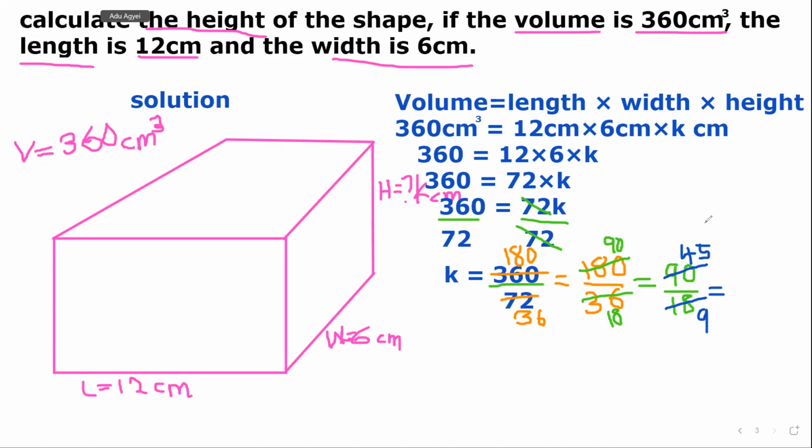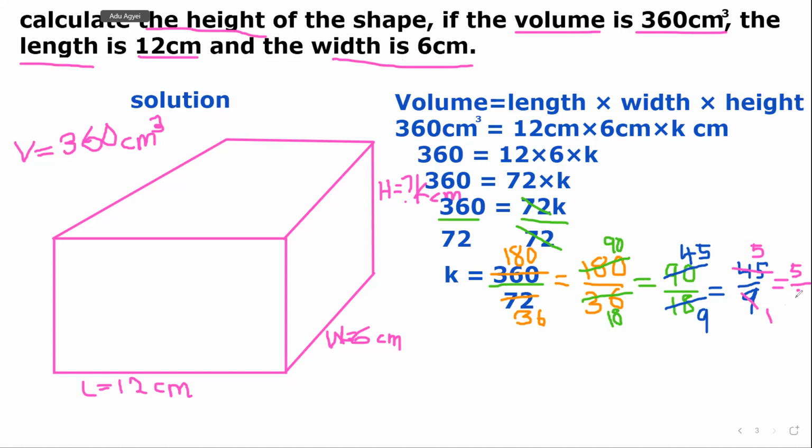Now we still have the 45 here against the 9. Good. Now with this, we can use 9 to cancel. 9 goes here, 1. 9 goes into 45, 5.